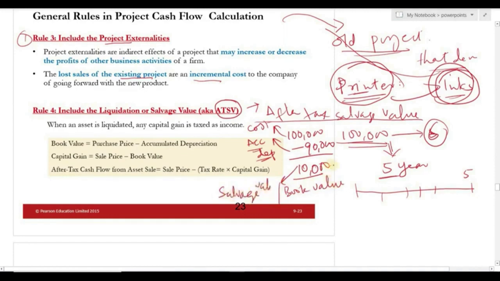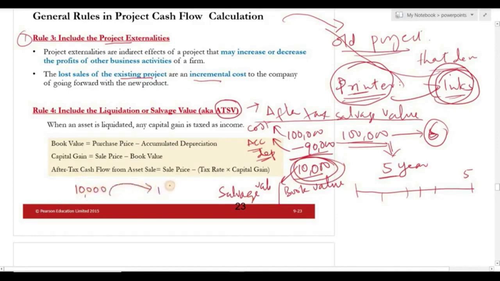Okay, so if this is the book value, it means according to the true value, if we deduct the accumulated depreciation, whatever is left is 10,000.